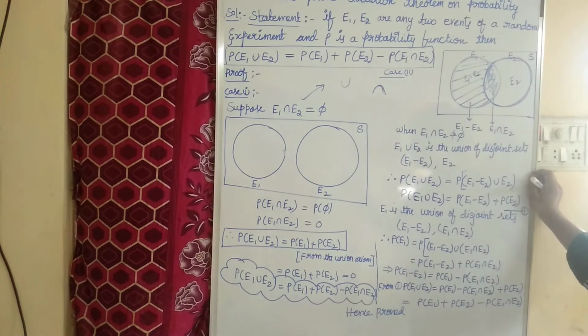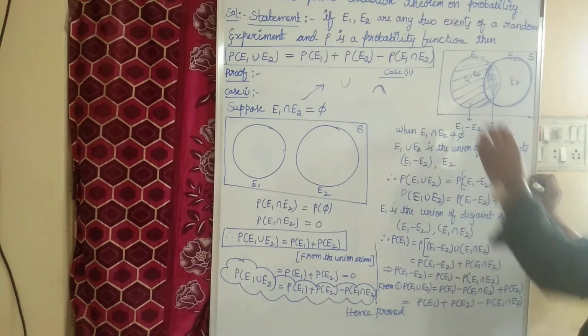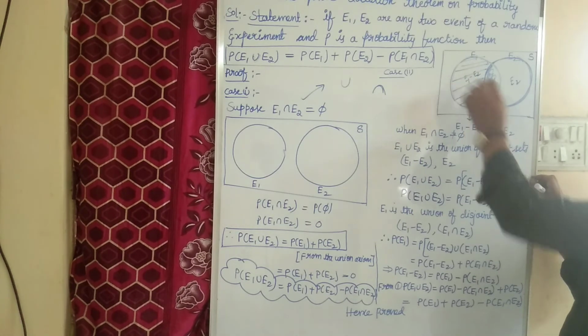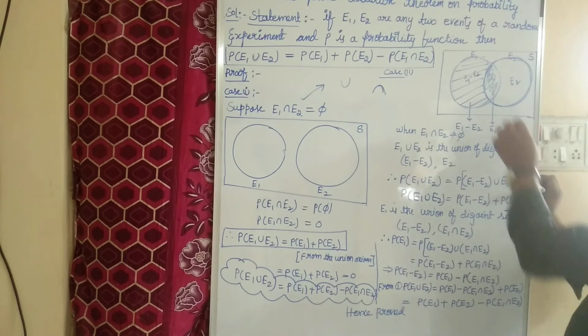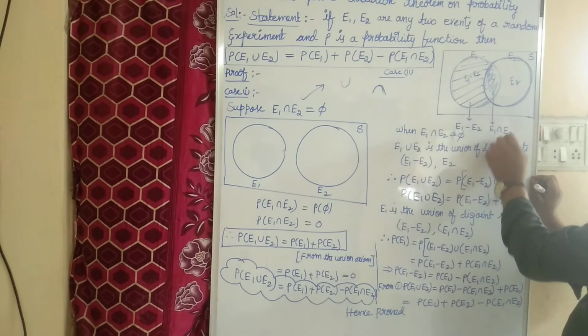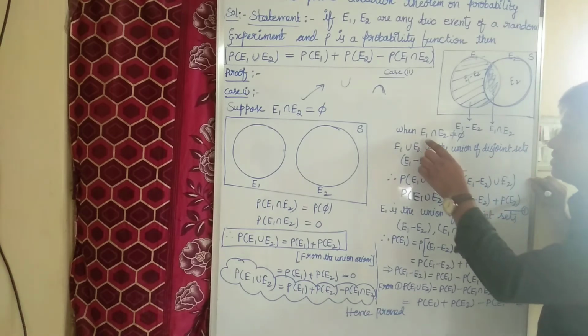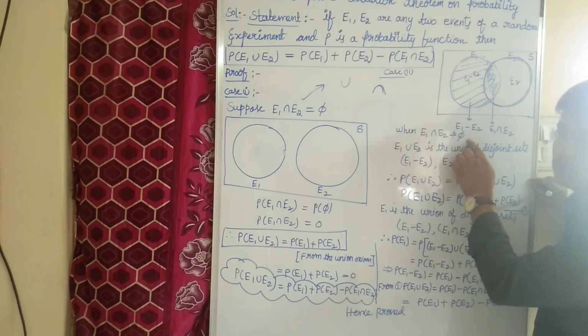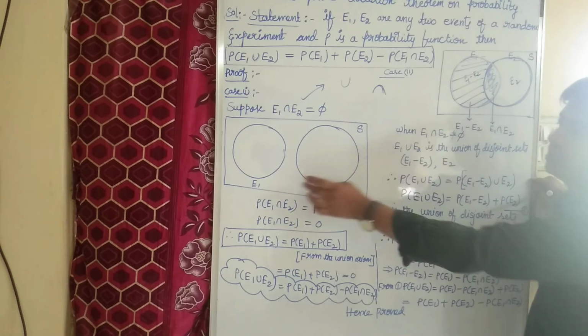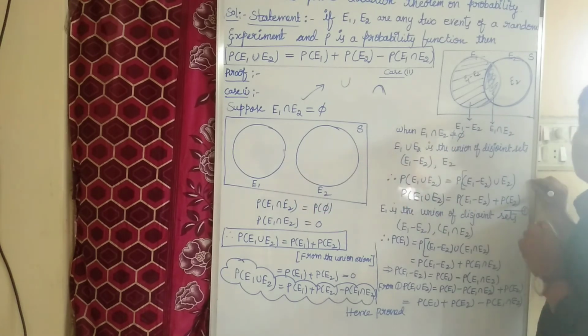Children, let me explain once again. Second case. If you understand this case, you can do it easily. Simple. First, this part is E1 minus E2, and this part is E1 intersection E2, and this is E2. As I said, E1 intersection E2 is not equal to phi because they are not disjoint events.